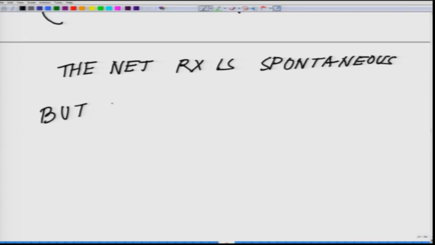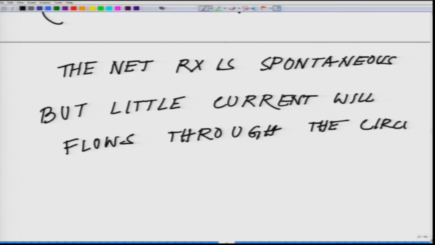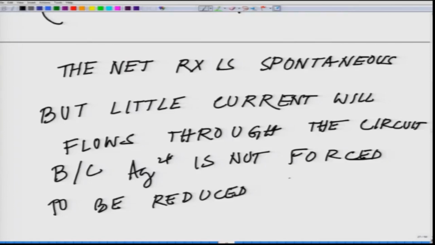but little current will flow through the circuit, because Ag+ is not forced to be reduced at the silver electrode.